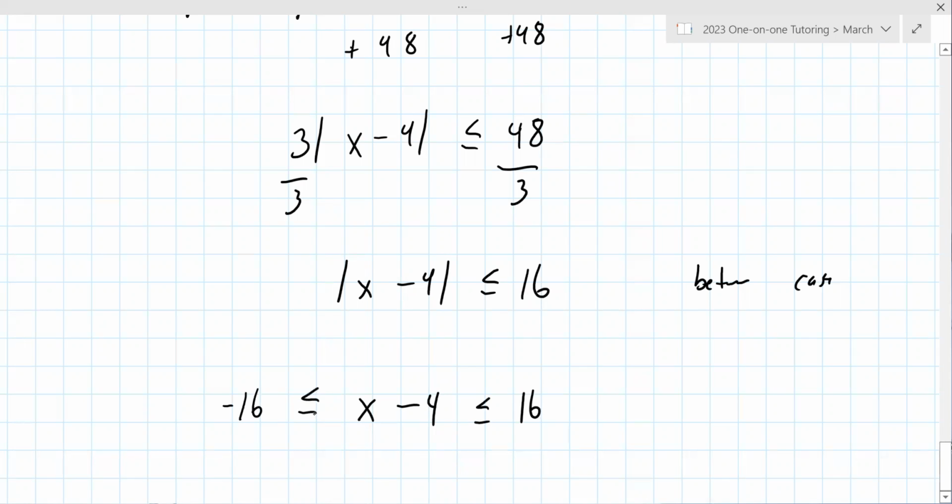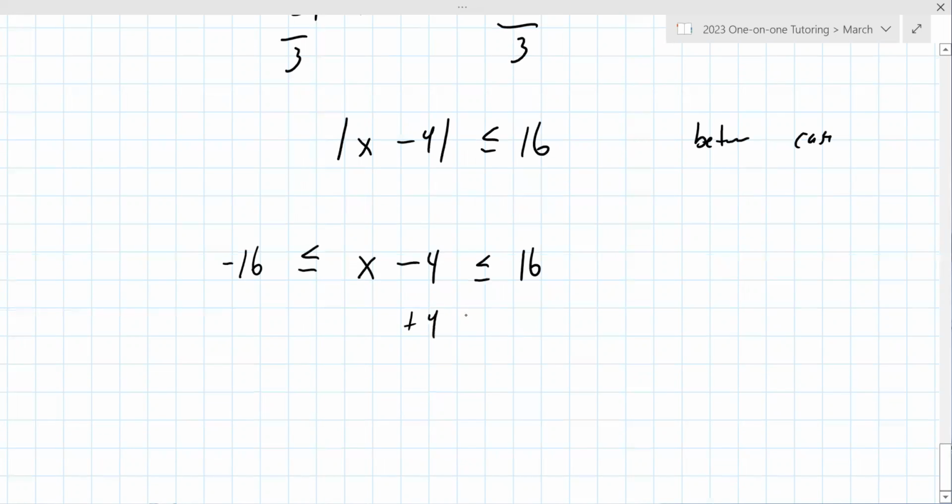Good. Go ahead and solve this inequality from here, please. I would just add 4 right here, right? Yes. All right, cool.